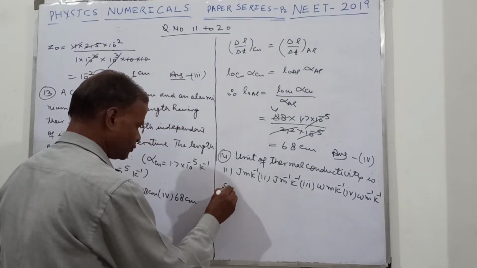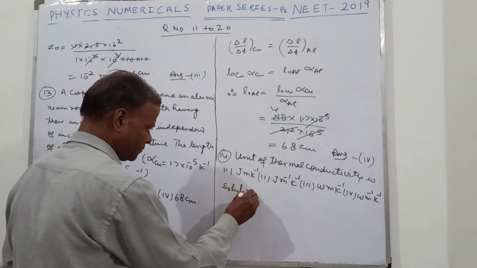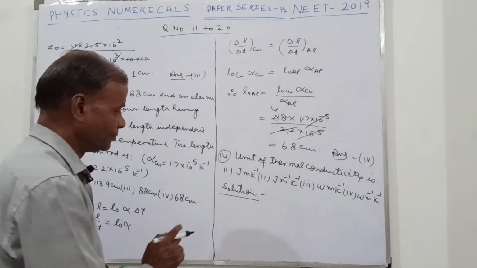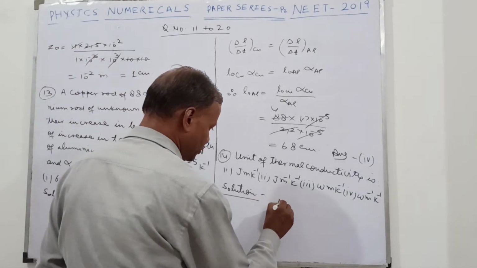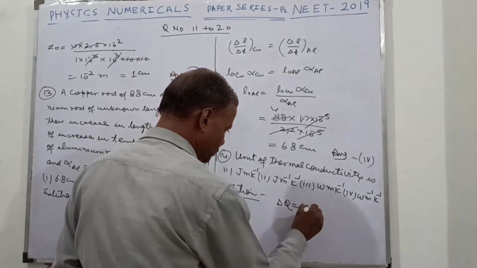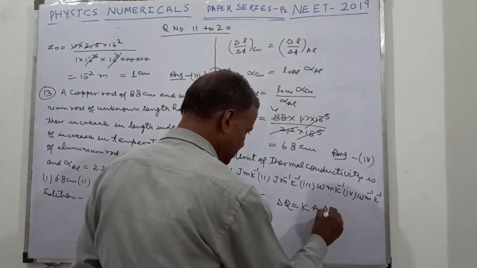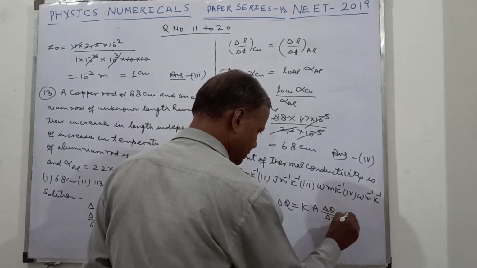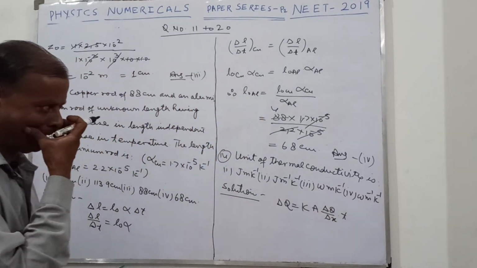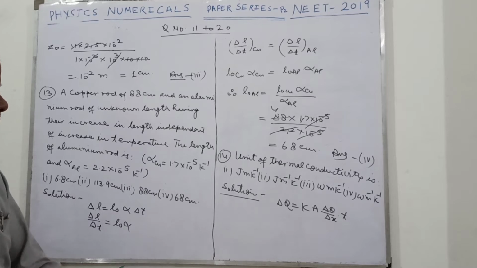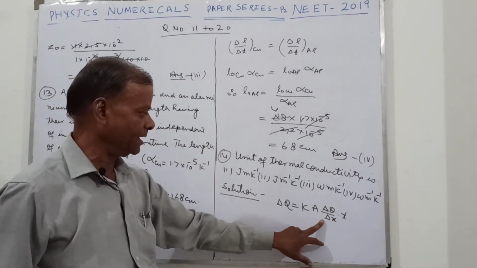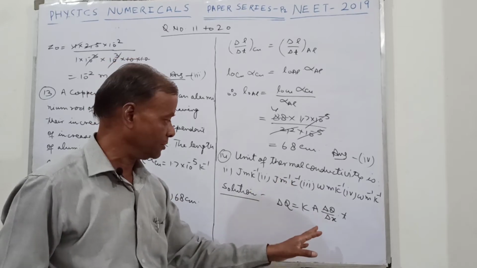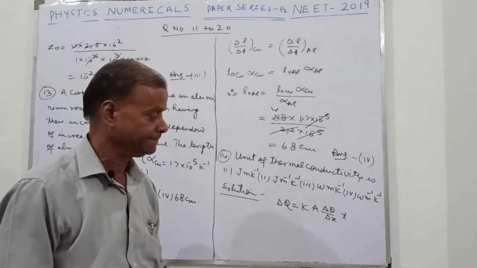Now the solution to this question. You must know the formula of thermal conductivity: delta Q is equal to K A delta theta upon delta x into T. Here A is the area, and delta x is the distance between the two surfaces with temperature difference delta theta.